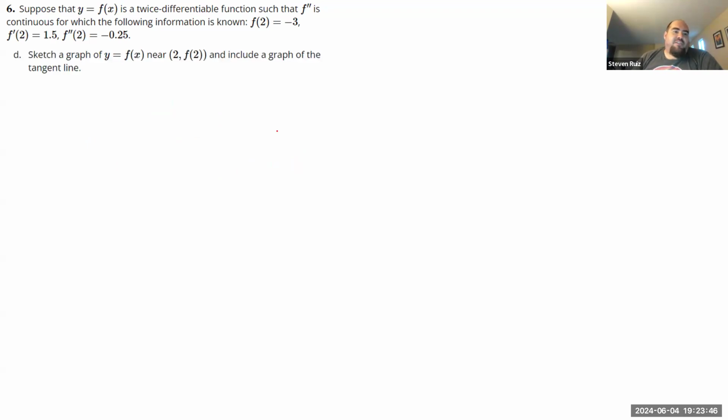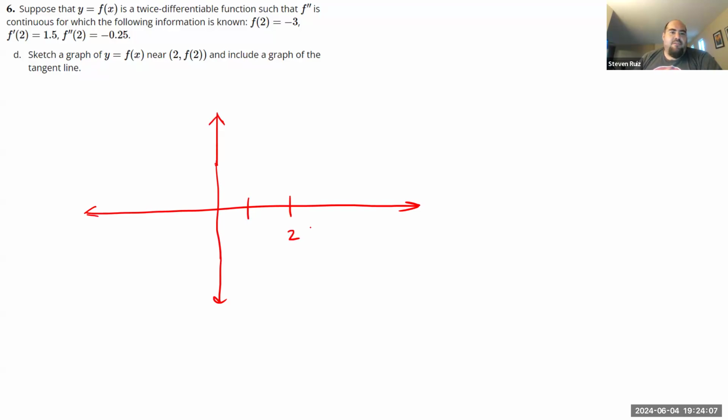And finally, part D: we want to sketch a graph of y equals f of x near this point and include a graph of the tangent line. In part A, I started doing this just as a way to illustrate what's going on around this point. So let's take all the information we know about what's happening at x equals 2. At x equals 2, we are told the y value, so let's graph that first. The y value is negative 3.